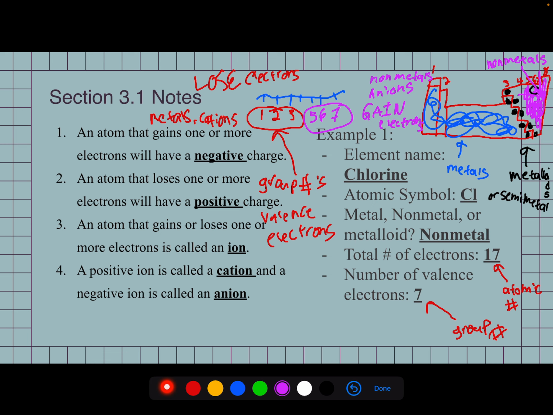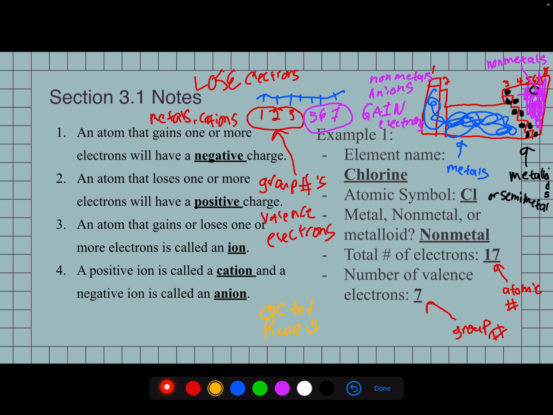Okay, and they want to gain or lose because they want to complete their octet. So this is all about their octet rule here. Right, so our octet rule is coming back into action.